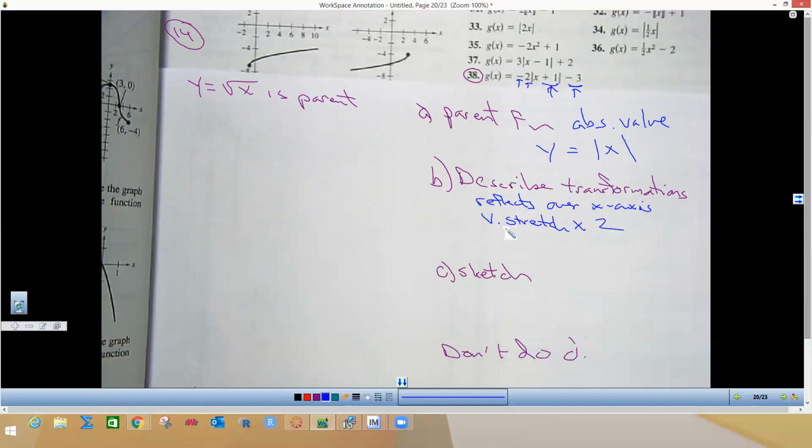The +1 in there is with the x, so that is a horizontal shift. Remember, horizontals are opposites, so it's +1. So that means left 1. And then this -3 out here by itself, those are vertical shifts. And minus is down, so a vertical shift down 3.